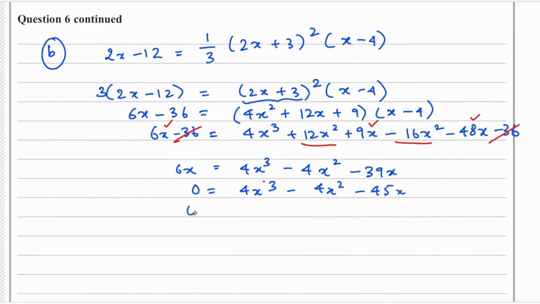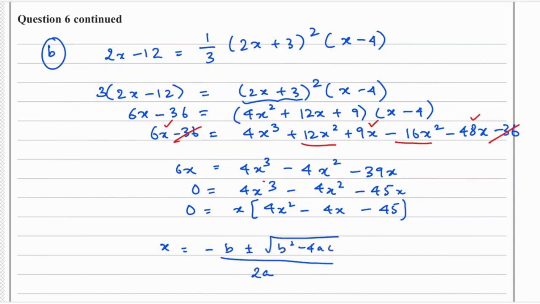Now I can take x common from all the three terms. So I'll be getting 4x square minus 4x minus 45. This part you cannot factorize directly when you check with your calculator, so you can just solve it by using the formula minus b plus or minus root of b square minus 4ac by 2a.